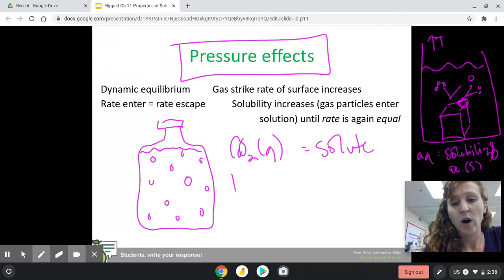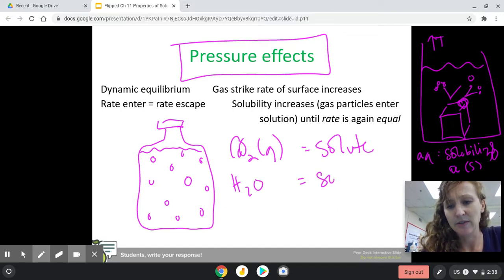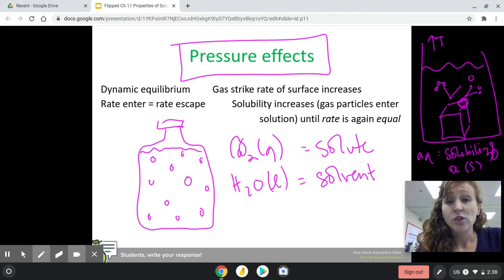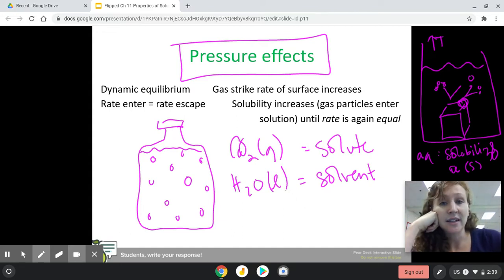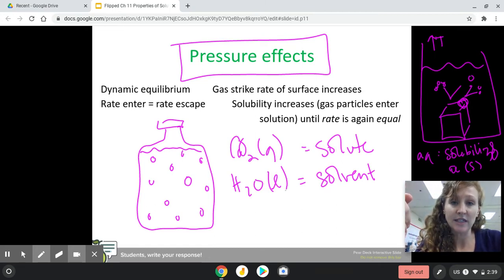And then water, usually, if we're drinking it, right, is going to be the solvent. So we can talk about the solubility of gases inside these aqueous solutions as well. And then pressure is going to affect the solubility of these gases inside these aqueous solutions.